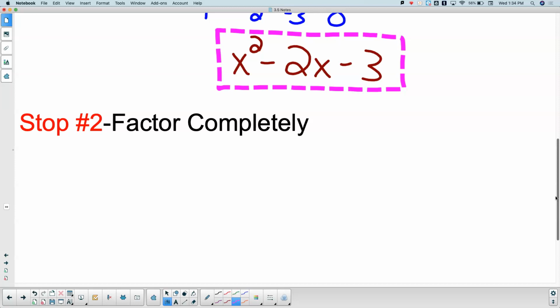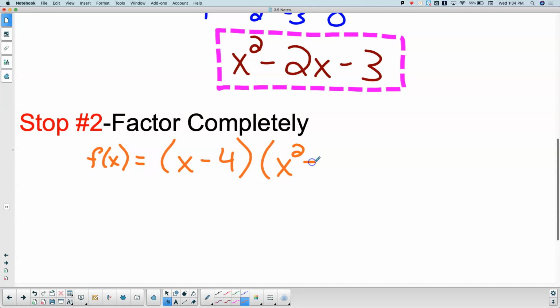Well, you divide it out, like we did, but now you would say that f of x here is equal to my first factor. That was the factor that was given to me. X minus 4 is a factor. When I divide it in there, I get x squared minus 2x minus 3.